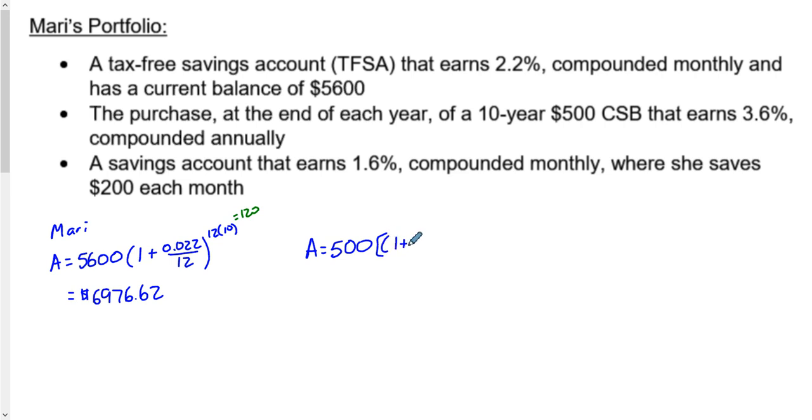So 0.36 compounded annually. So she's putting $500 away every single year in all practicality.